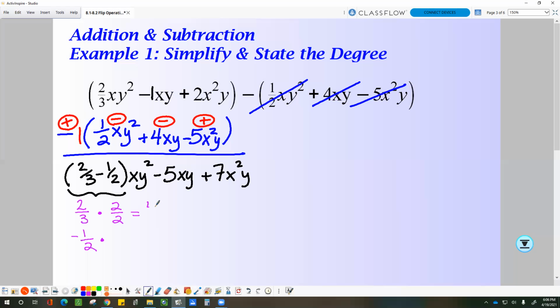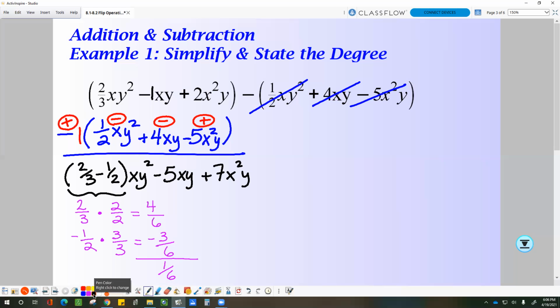And I get 4/6. 4/6 is equivalent to 2/3. It just looks a little different. -1/2, I'll multiply this times 3/3, which is 1. And I get -3/6, which is equivalent to -1/2. But now I have common denominators. So 4/6 minus 3/6 I can combine, and I get 1/6.